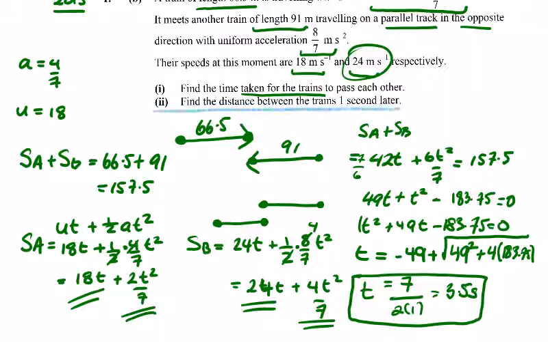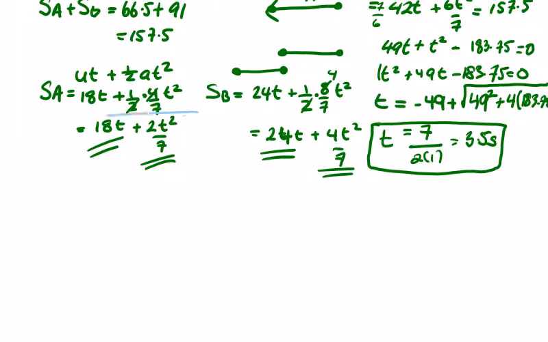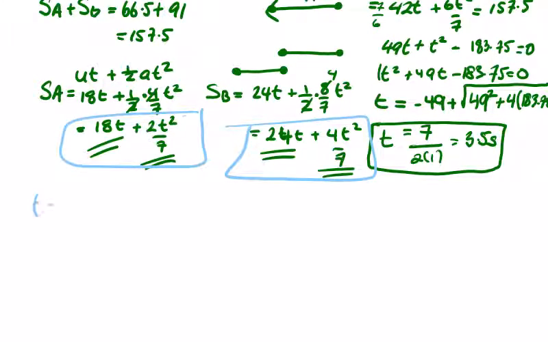Part 2, we're asked to find the distance between the trains 1 second later, so that's T is equal to 4.5, and we have the distance down here for A and B, so just sub in 4.5, nice easy question. The distance traveled by A, you can see this is a calculator, use 18 by 4.5 plus 2 by 4.5 squared over 7, and double check your answer just to make sure you get the same thing twice.